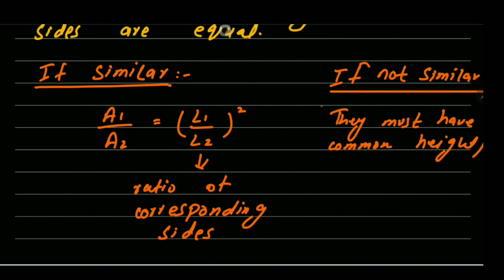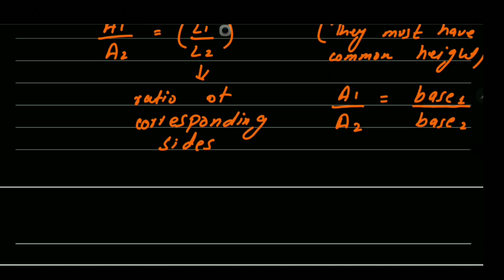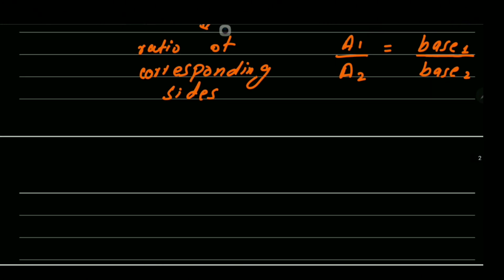So then the formula will be A1, area of first triangle over area of second triangle, is equal to base of first triangle over base of second triangle. Then we will use that formula. So let's discuss some questions.